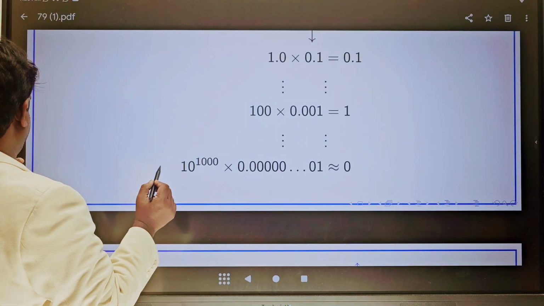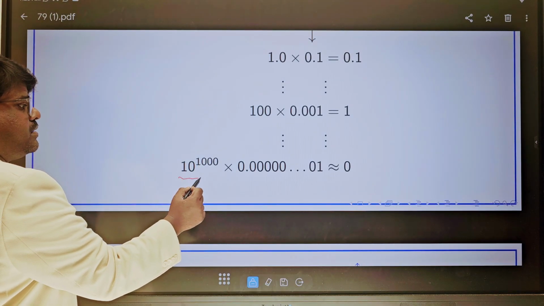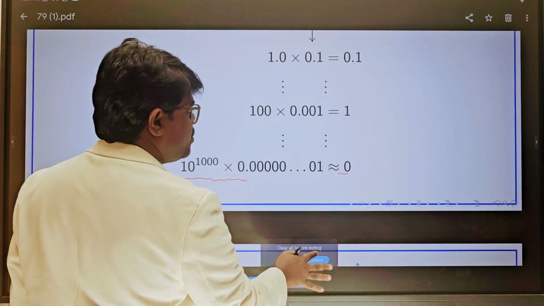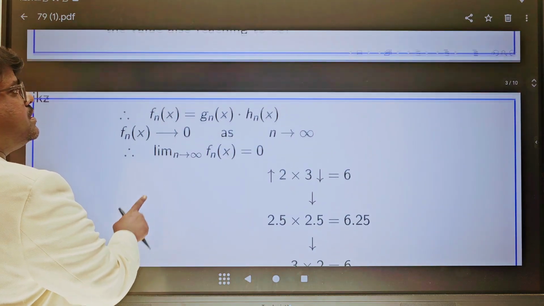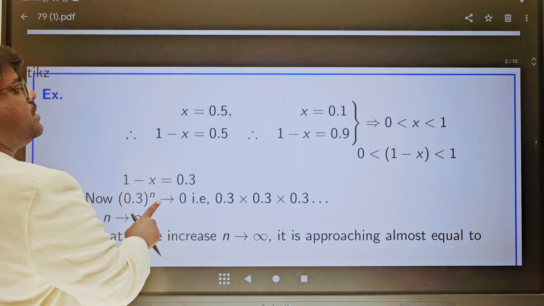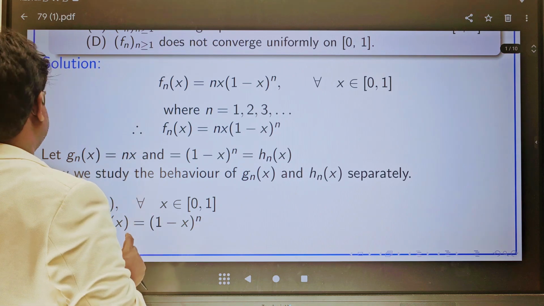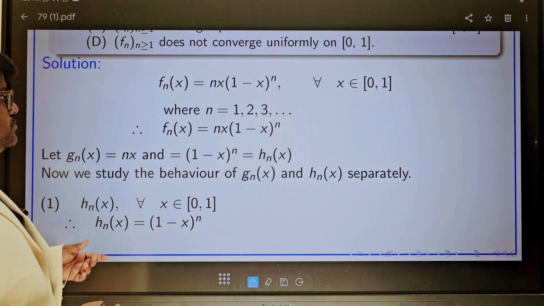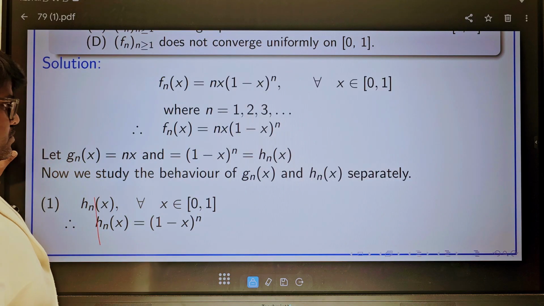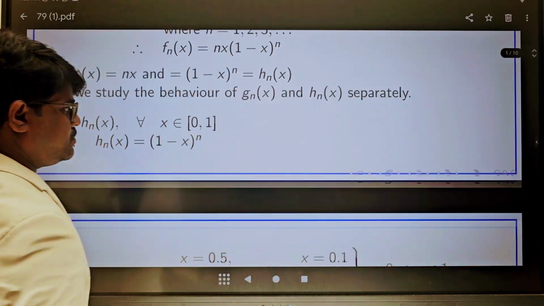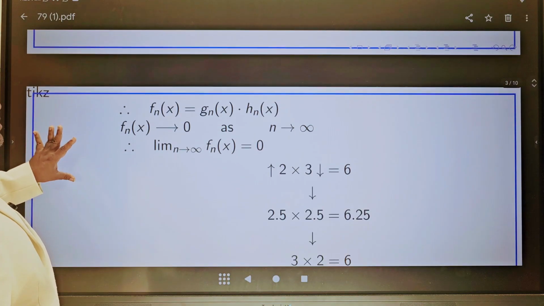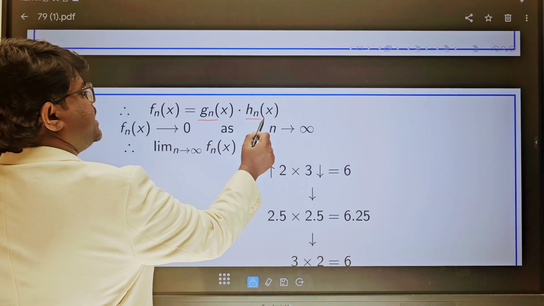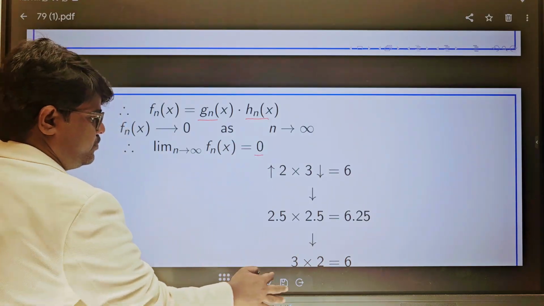So we can say that it is nearly approaching 0. We have now concluded with some examples that gn of x times hn of x equals 0.